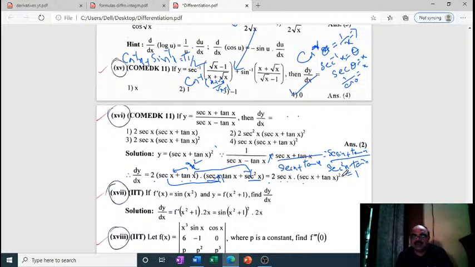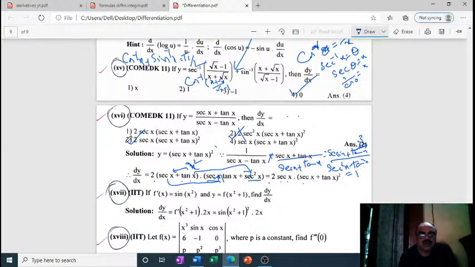I hope the concepts are very, very clear to your mind. See, we did what? First is rationalization. Denominator and numerator. You need to see, because the whole answer, see, this is the second answer that is right. Oh, sorry. 2 secant x. Yeah, it's not 2, it is the third one. Two secant x into secant x plus tan x the whole square.